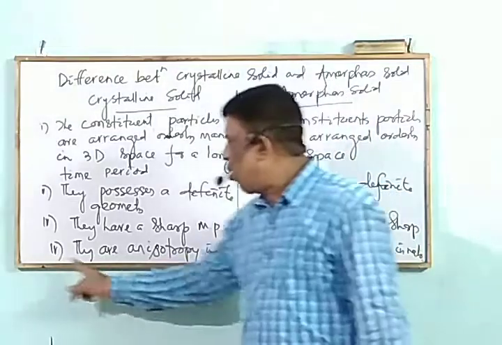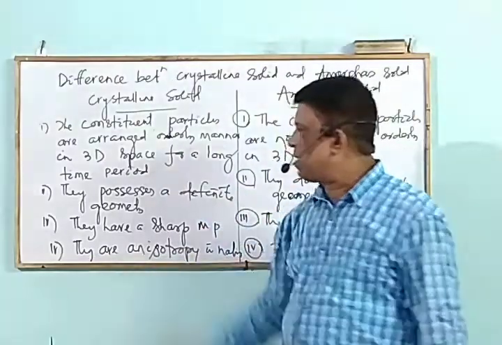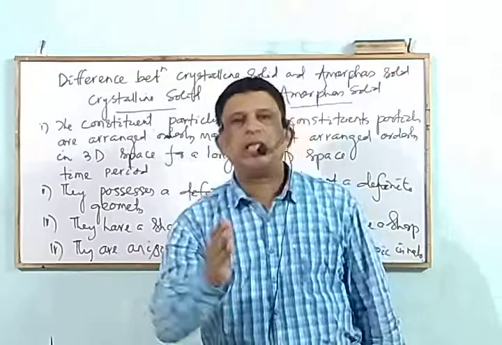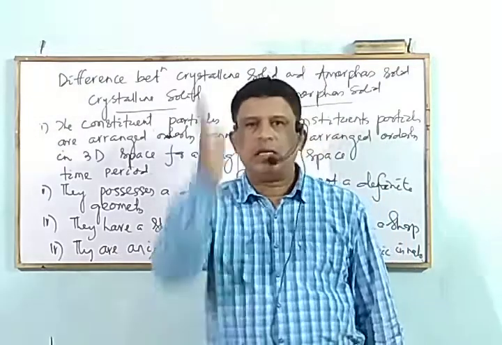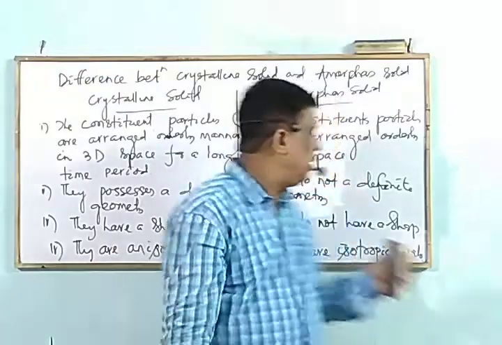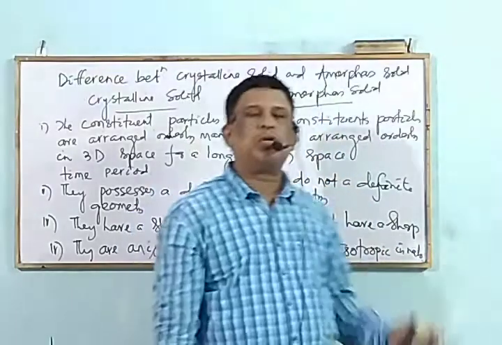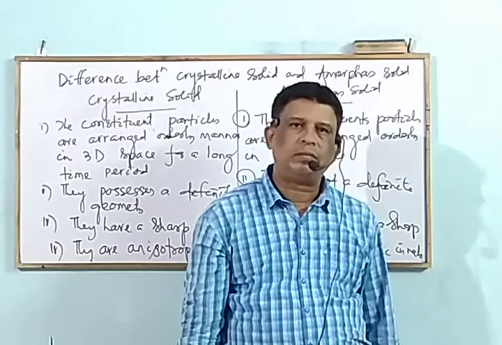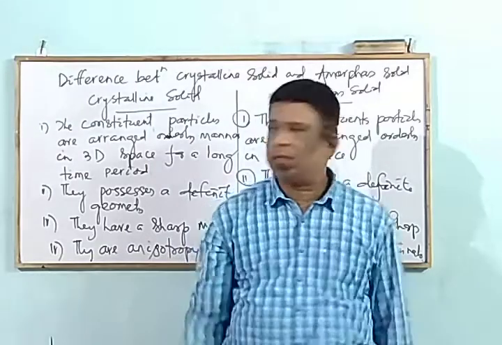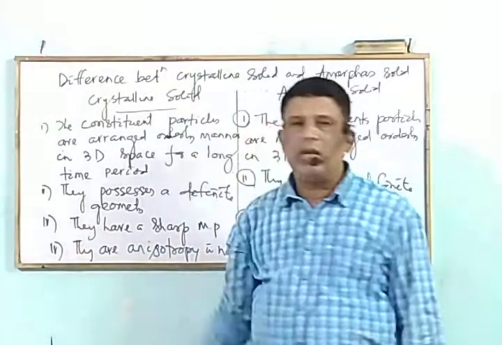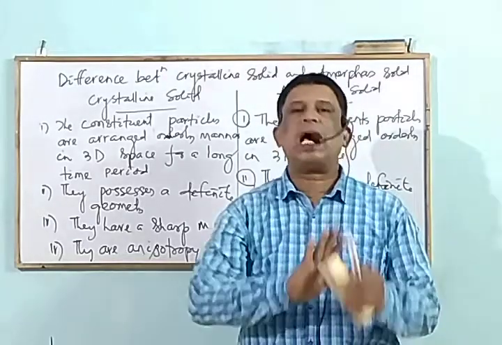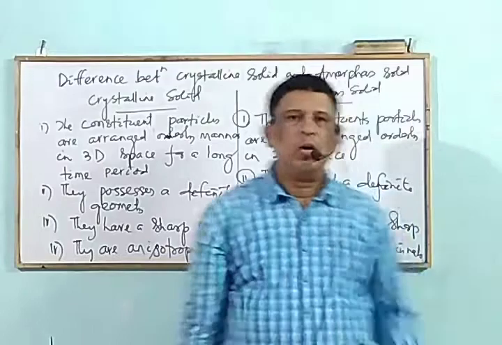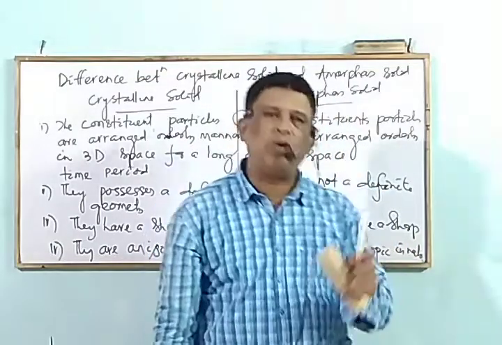Next, when cut with a sharp knife, in case of crystalline solid, they produce a sharp cut, while amorphous solid, when cut with a sharp knife, produces a rough surface. Next, crystalline solids are not compressible, while amorphous solids may be compressible.